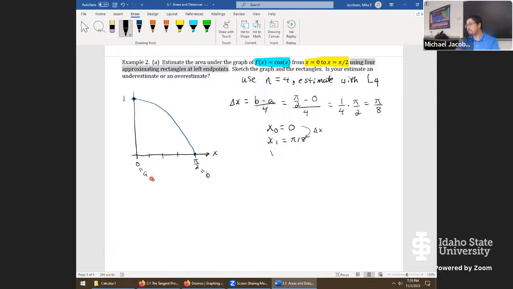So this one's pi over 8. X2 is 2 pi over 8. And your call if you want to simplify that. Sometimes when you're placing values on the horizontal axis, it's not a bad call just to leave it in this form. I'll go with that route. I'm going to leave them unsimplified just to make the pattern a little bit more apparent. X3, add a delta X, which is pi over 8. You're now at 3 pi over 8.